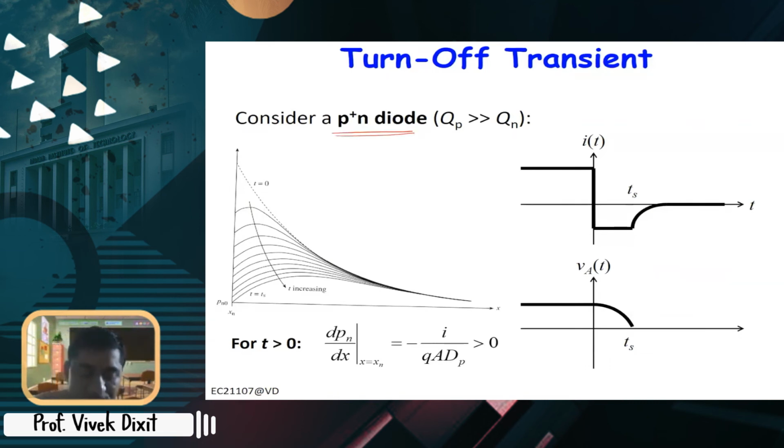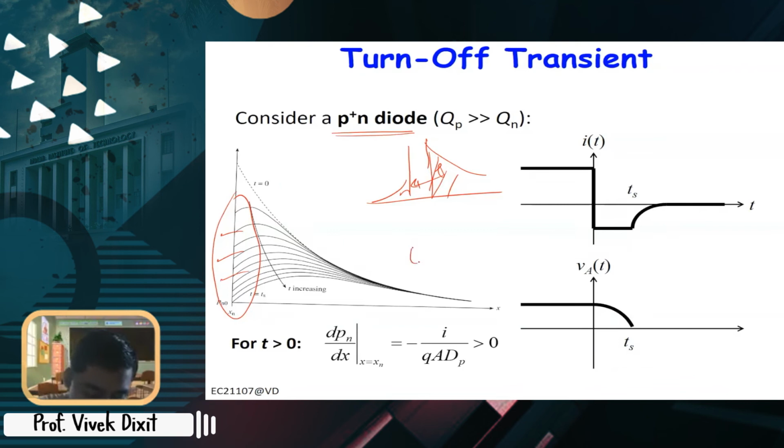In this case, mostly the current will come from injected holes, and injected electrons will have very little contribution. So mostly the charge is stored here, and that charge has to be extracted. This picture shows clearly how the concentration is changing. Because charge is extracted here, the slope is negative, and here it is recombining basically.